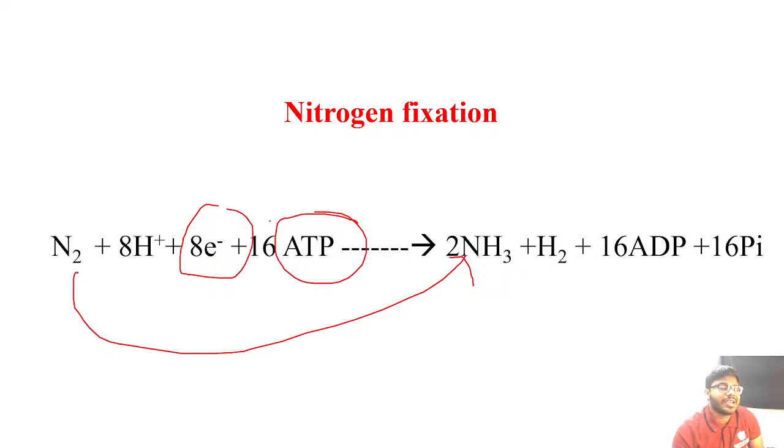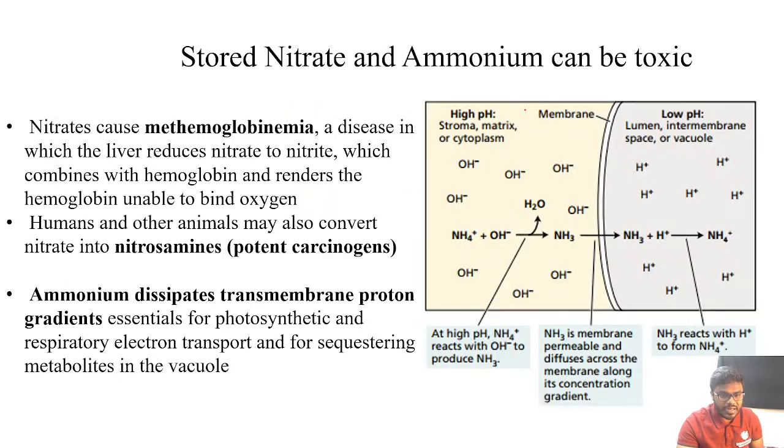In the exam, you can get the statement: nitrogen fixation is a highly energy-consuming process, which is absolutely a true statement. When compared to all other processes, we have to spend more energy in nitrogen fixation. This is what we studied in the last class.